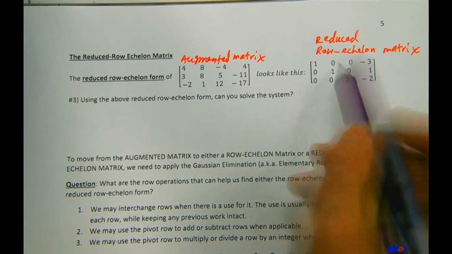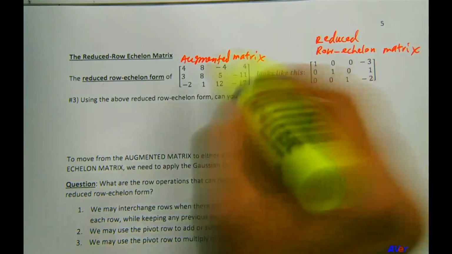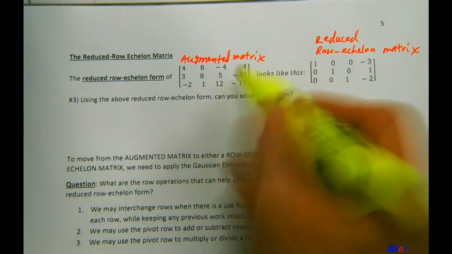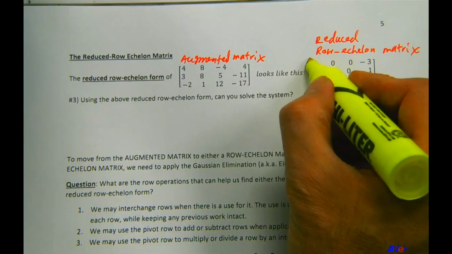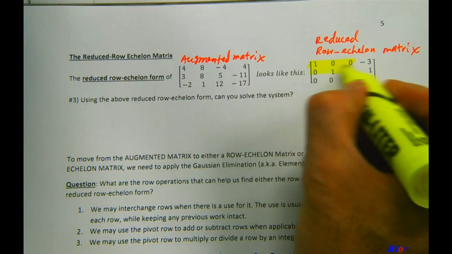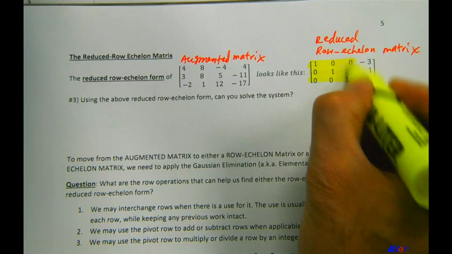Okay, so let's see how that can be shown. So this is the augmented matrix. Suppose we start with that. After applying the Gaussian elimination method, which we will talk about shortly, we get to this reduced row echelon matrix. The dominant features of the reduced row echelon matrix are what I've highlighted.